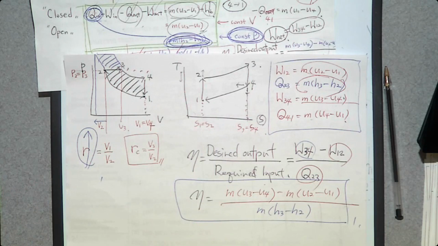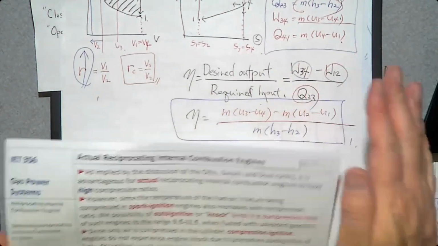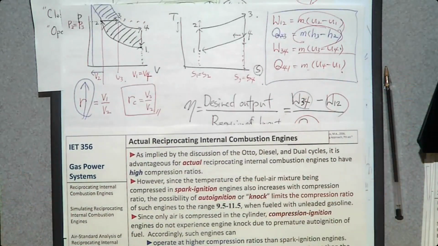Why? When you have an Otto cycle, we have an air-fuel mixture in the piston-cylinder device.